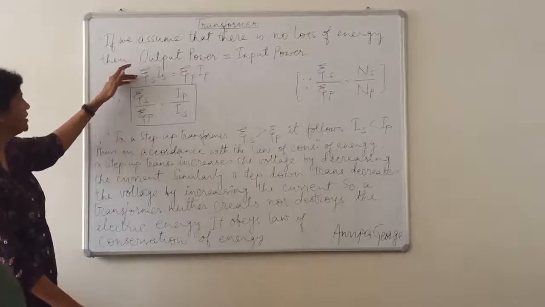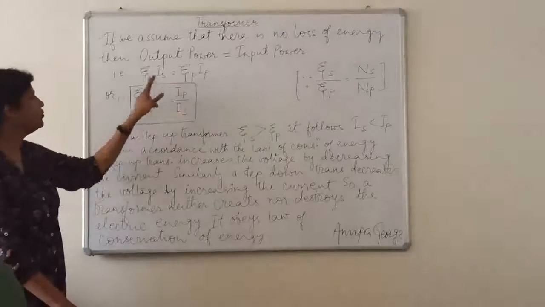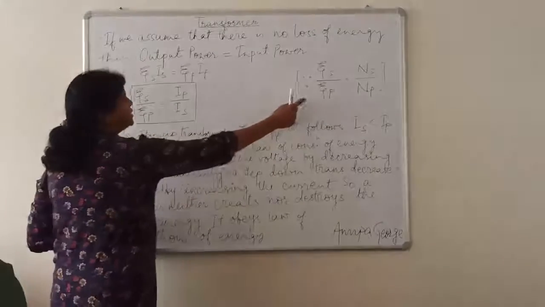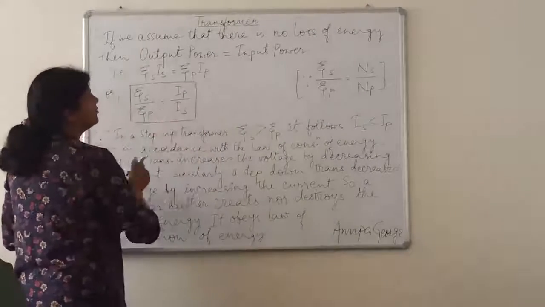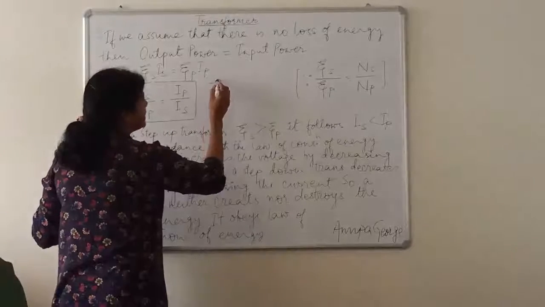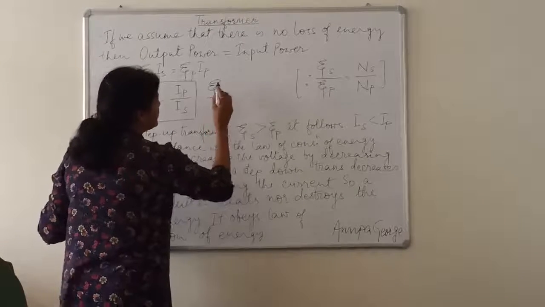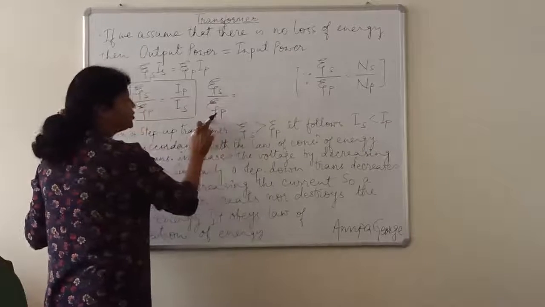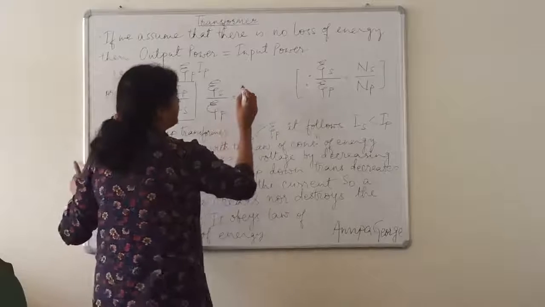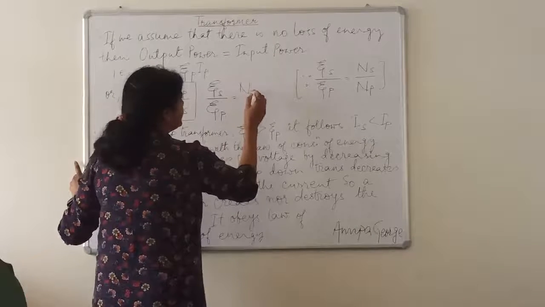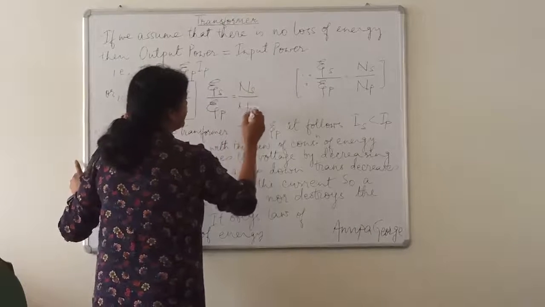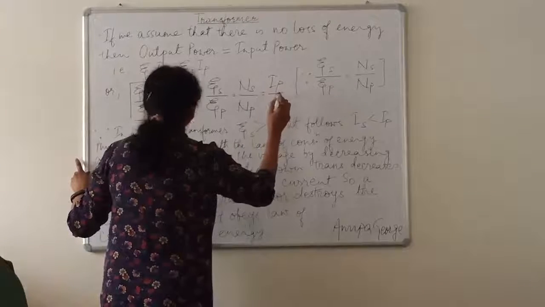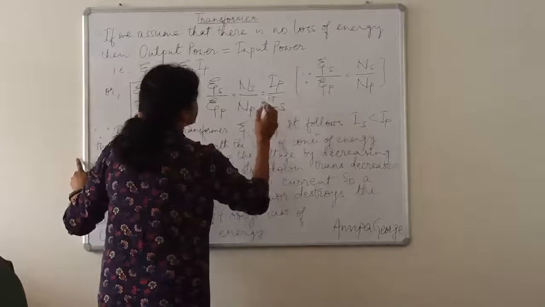From this relation, we can get one more relation. Now, from previous relation and this relation, we can write Es upon Ep is equal to Ns upon Np is equal to Ip upon Is.